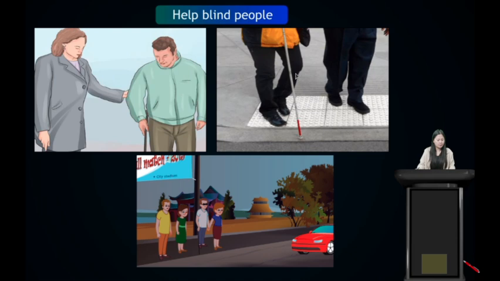It arises due to the weakening of the ciliary muscles and the diminishing flexibility of the eye lens. So these are the three types of defects that we discussed today. The first is myopia or short-sightedness, the second is hypermetropia or farsightedness, and the third is presbyopia.